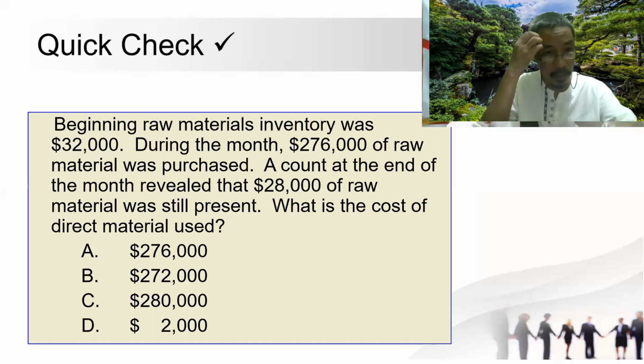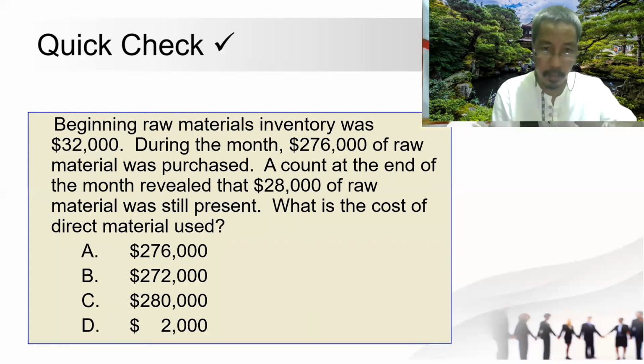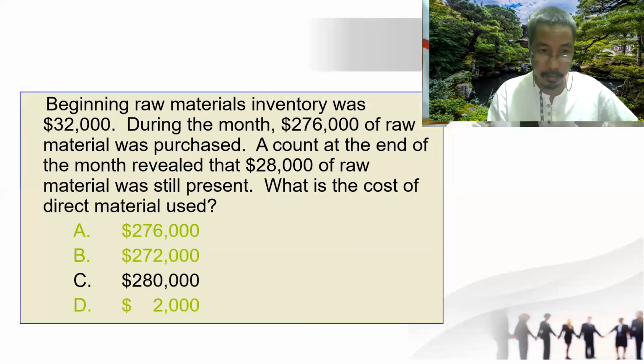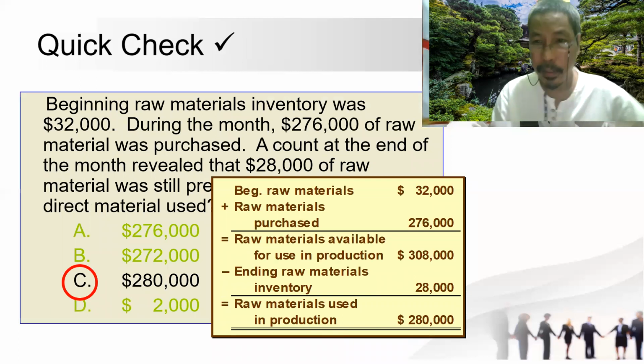What is the cost of direct material used? Let us subtract. If you subtract, we have about 280,000. Is the answer 280? Let us take a look. It's correct. So, as simple as that.